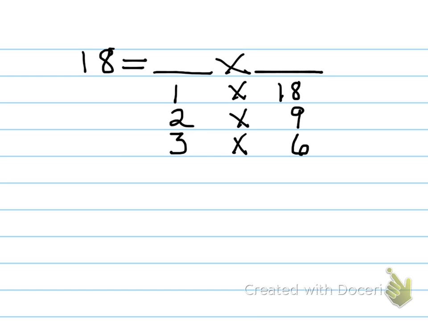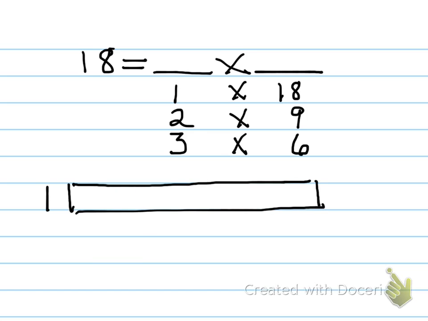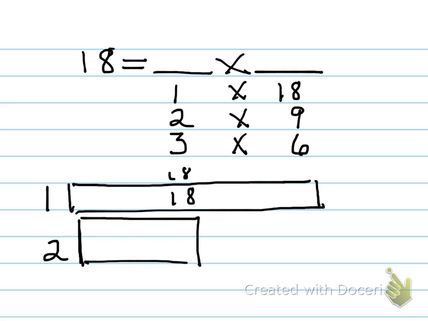So let's go ahead and create our factor models for 18. First, I'm going to draw a rectangular box along my paper, nice and long. 1 times 18 equals 18. This time I'm going to take my 2 times 9 equals 18. You'll notice I made this box about half the size of the first box because 9 is half of 18.